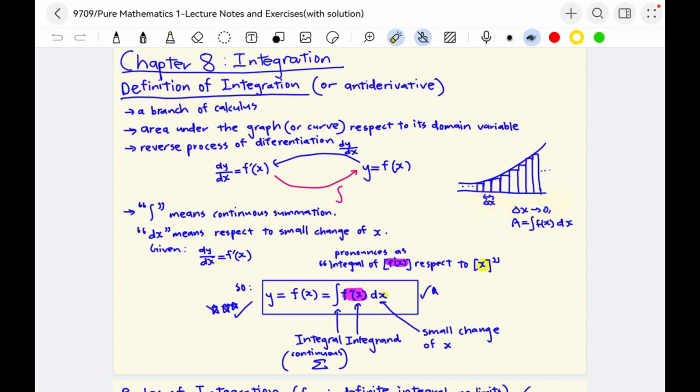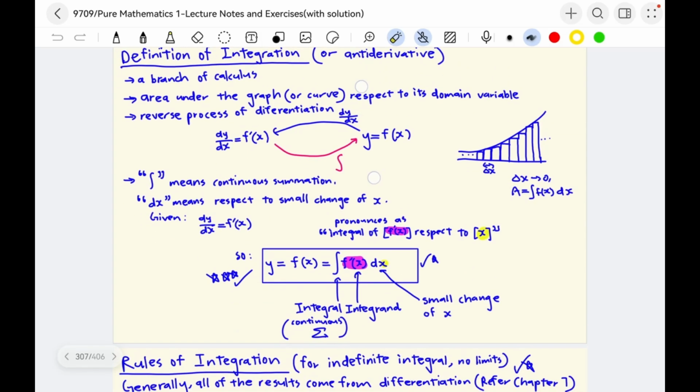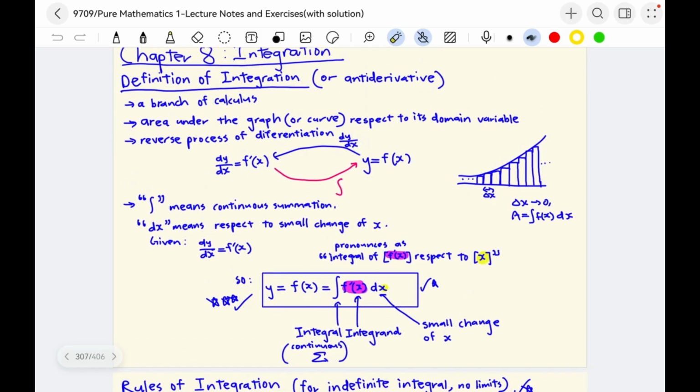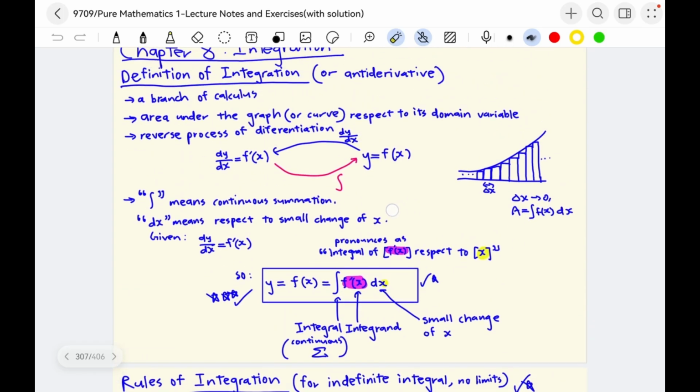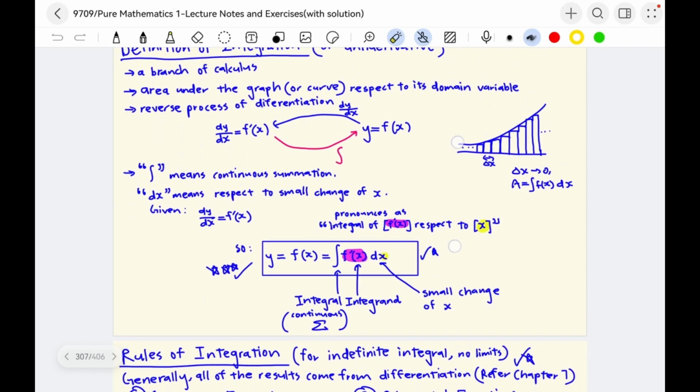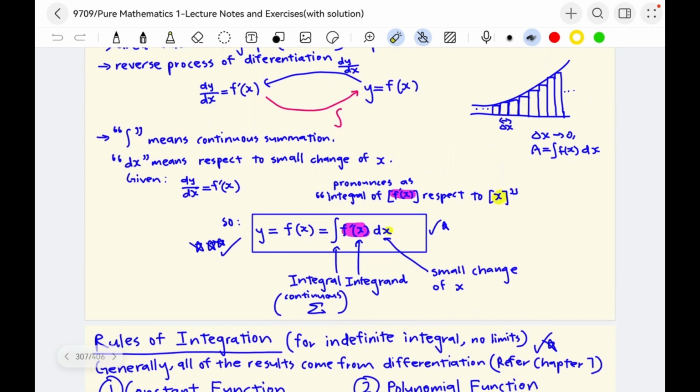Okay, this is also related to limits. Alright, so as we know that integration is the antiderivative or the reverse process of differentiation, here is the map, okay, for your understanding.